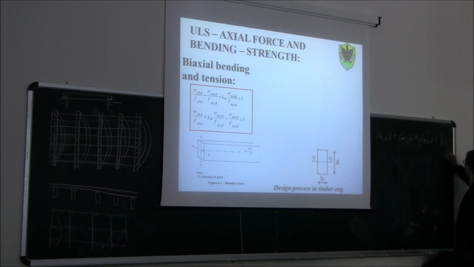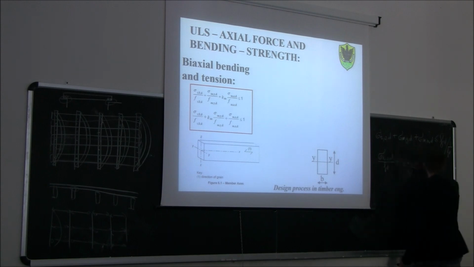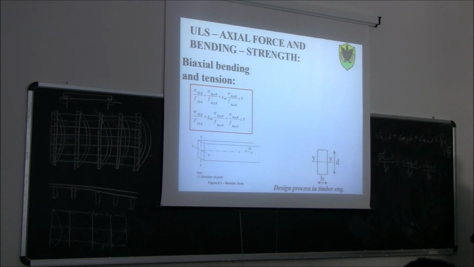Now we multiply by 1 divided by fd, and then we get sigma t,0,d divided by fd plus sigma m,y,d divided by fd plus sigma m,z,d divided by fd less than 1.